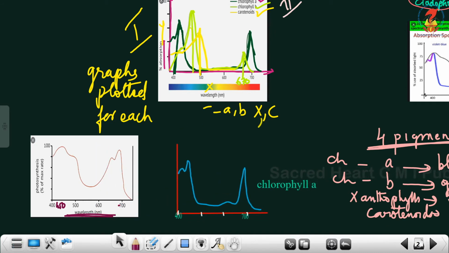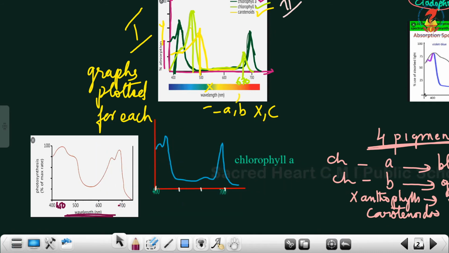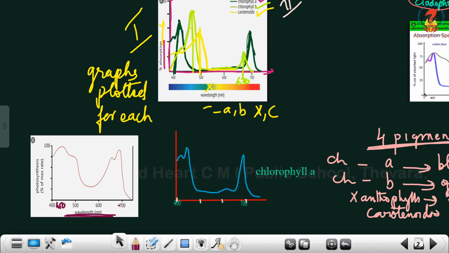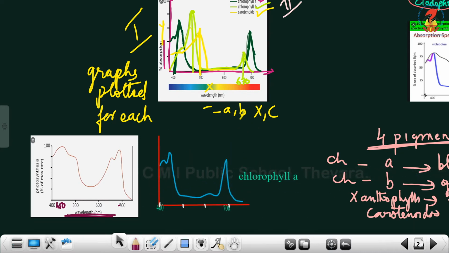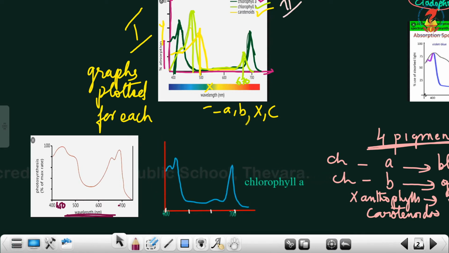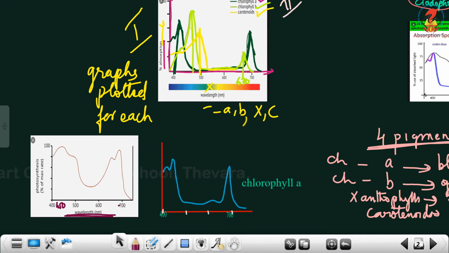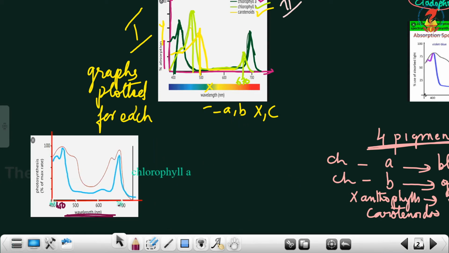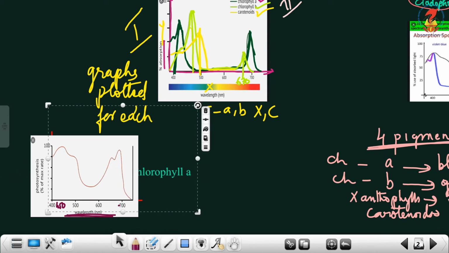See, this is the graph of chlorophyll A, the absorption spectrum of chlorophyll A. This is going to be superimposed on the absorption spectrum of photosynthesis. I must see that the x and y coincide, then the graph is correct. It coincided, and now you look.